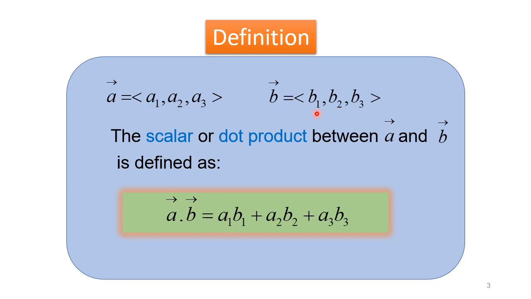A1 and B1 refer to the i component, A2 and B2 the j component, and A3 and B3 the k component. So we expand according to the components i, j, k, and we multiply together the components from vector A and vector B, as you can see over here.